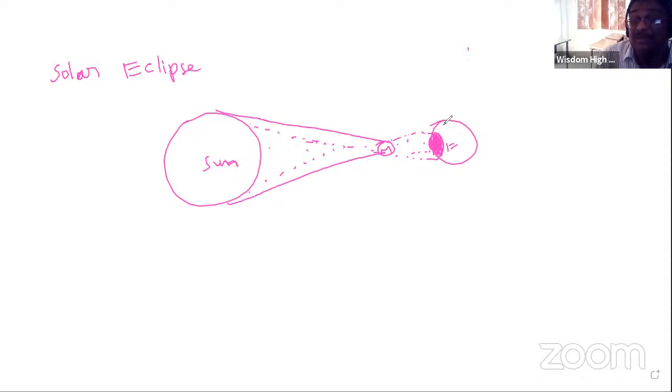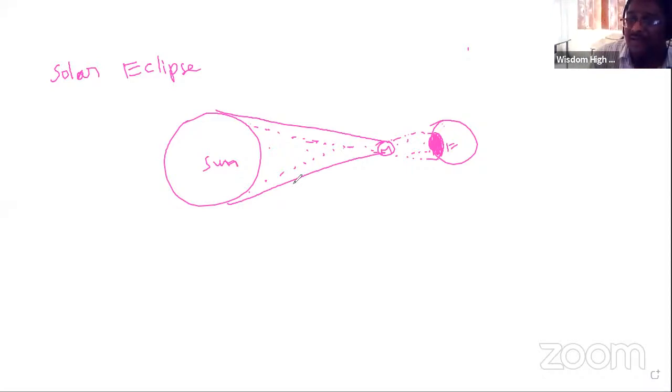The people who are living here can see a portion of the sun. So the people living in the umbra region can't see the sun, which means for them a complete solar eclipse. You can identify that through the newspaper.